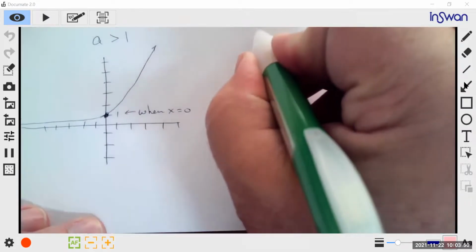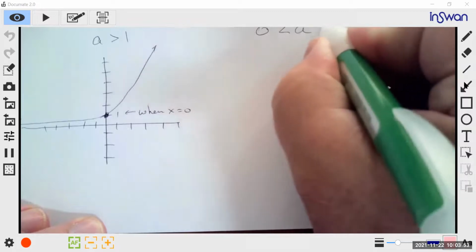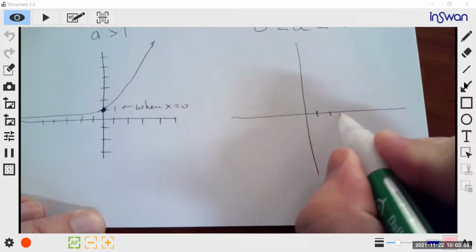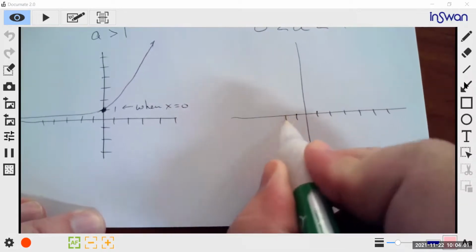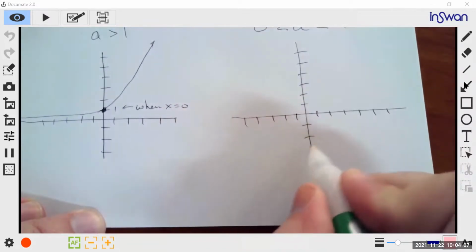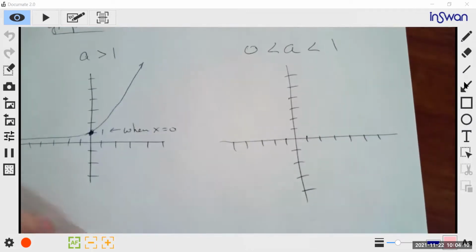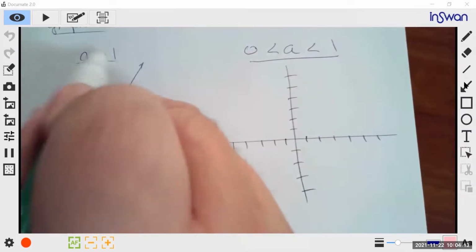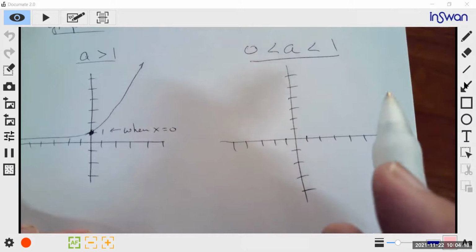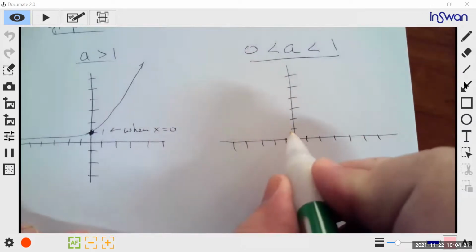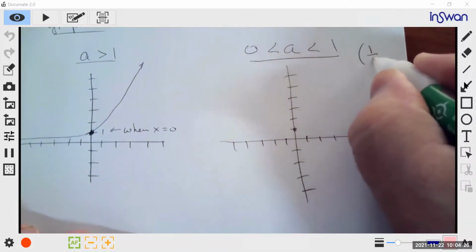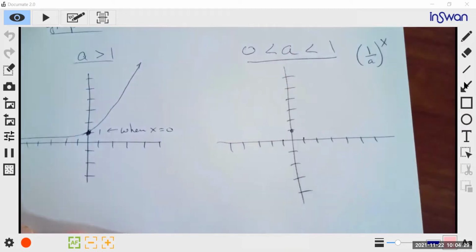Remember, the other condition says it has to be greater than 0. So the other aspect could be, what if a is between 0 and 1? In other words, if a is a positive decimal, or a fraction. So let's look at this function, 1 over a to the power x.